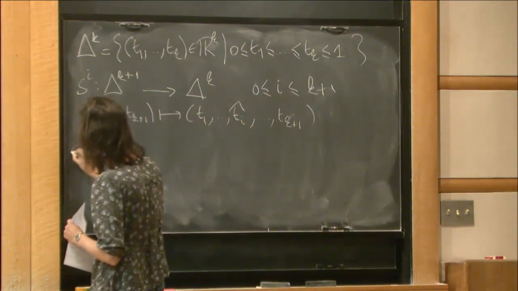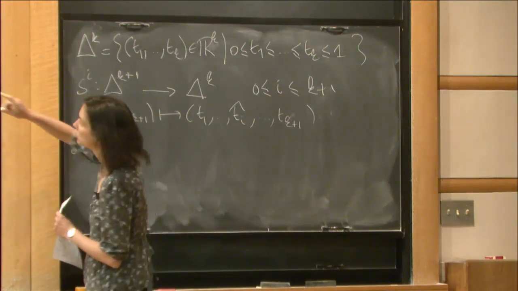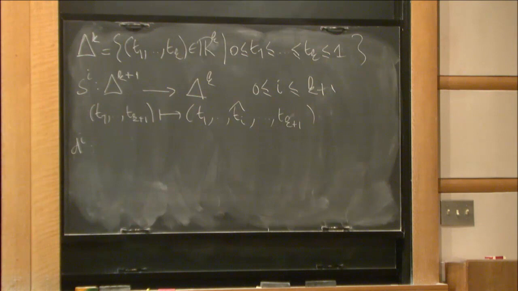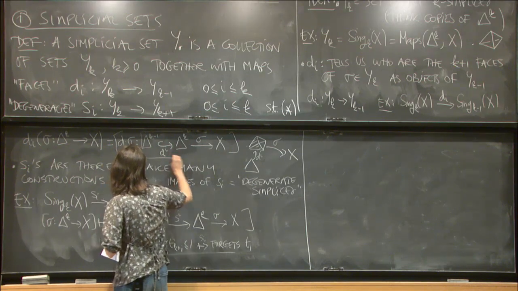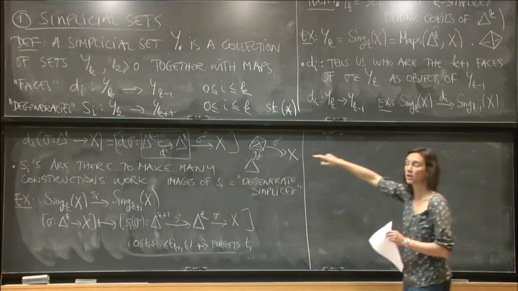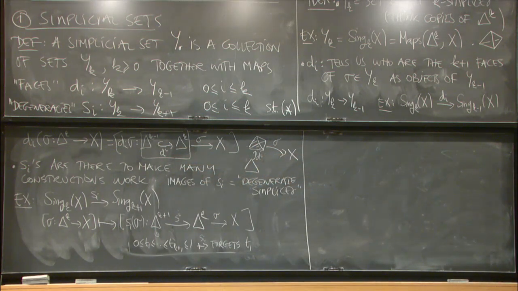And then there are maps d_i, which are the ones I used here when I precomposed. These are the face inclusions from delta k minus 1 to delta k, for i from 0 to k, and they depend a little bit on i.